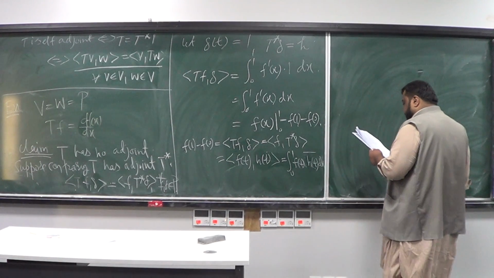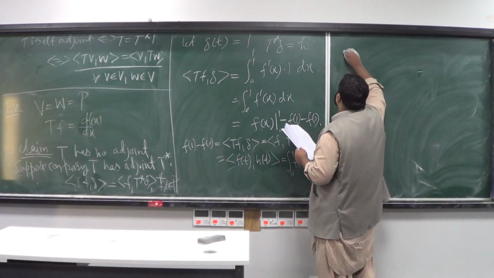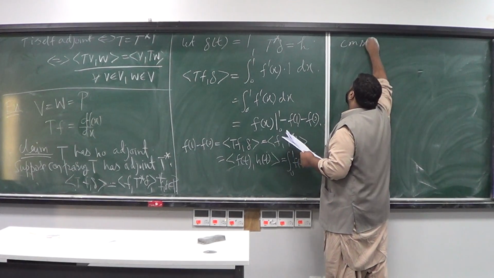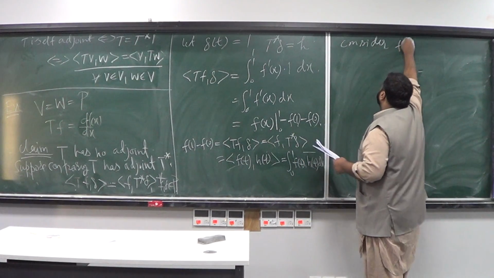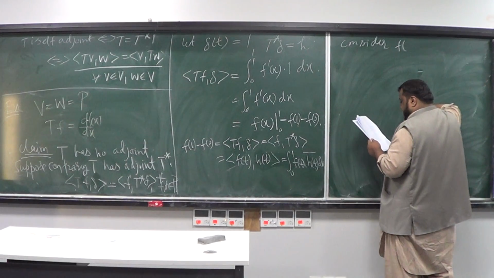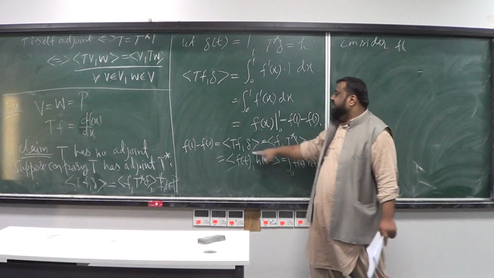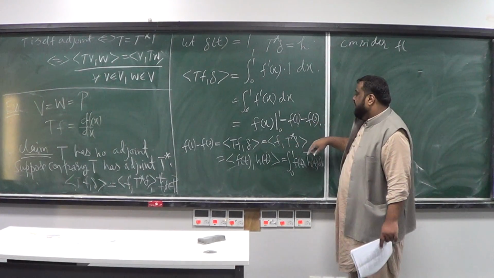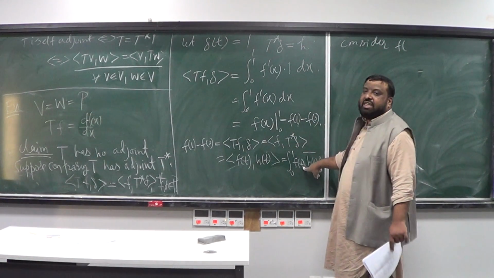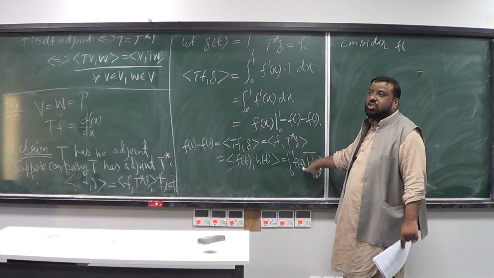Now consider a particular f of t. By the way, in this identity that we have proved, f is abstract, it's general, not specific.